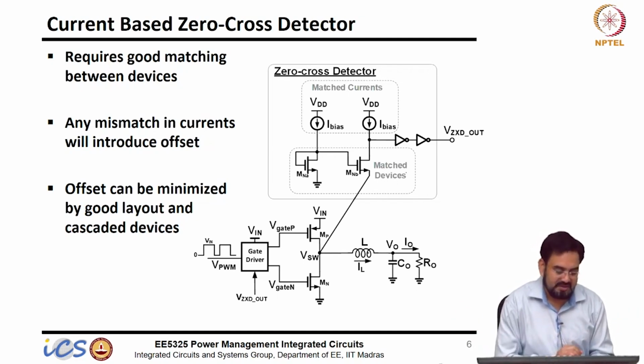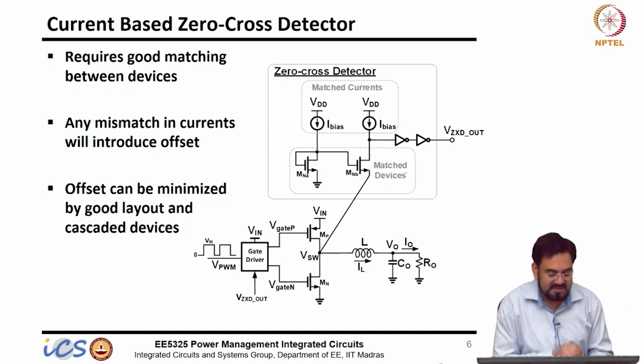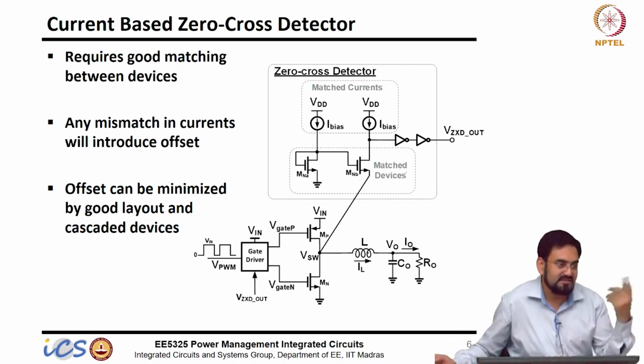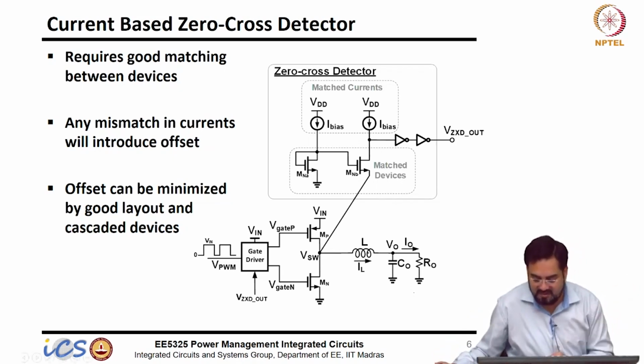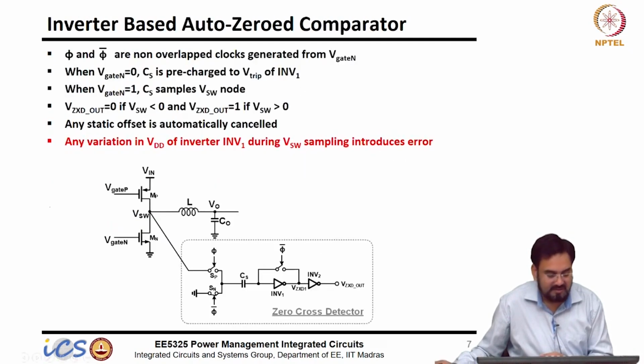You can minimize the offset with a good layout, but even with a very good layout there are chances of mismatch. So we have some better techniques, better topologies, to do the same thing.